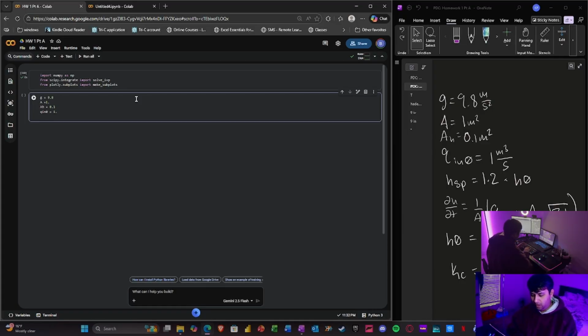And before we write down our set point, we want to define our initial height, so that if we write down set point before initial, it'll just cause an error because it's not defined before it runs through, because I did that by accident at first. And we're going to do QN, and then two times G. Then we can do our set point, which is 1.2 times the initial height.